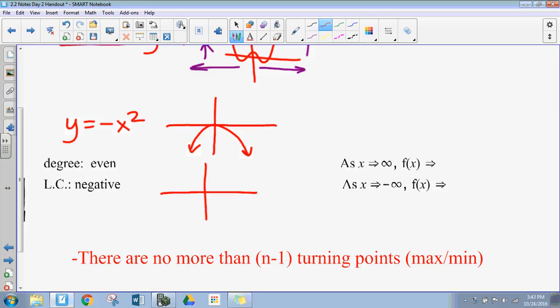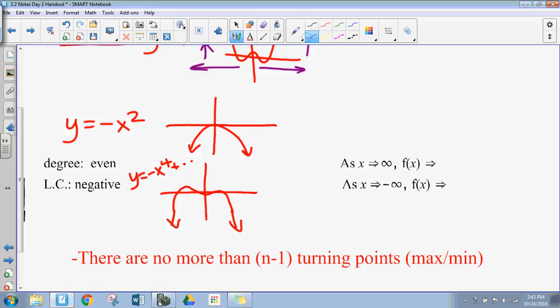If you had y equals negative x to the fourth, we aren't talking about what happens in the middle, but the end behavior is going to look like that. And then something else is going to happen in here. It could look like that. Just depends on if there's anything else added here. Okay. But the end behavior is what we're focusing on.